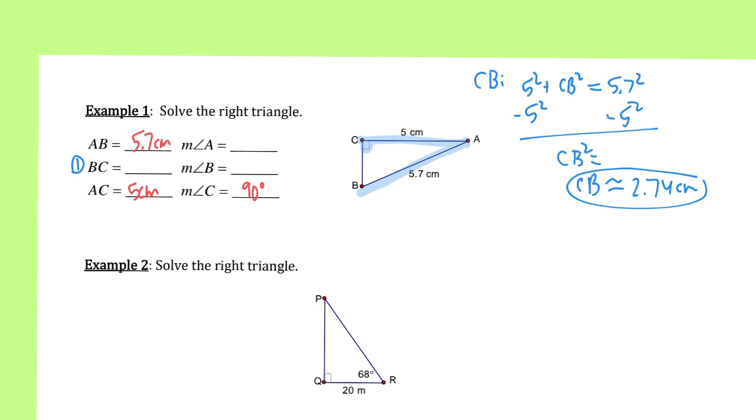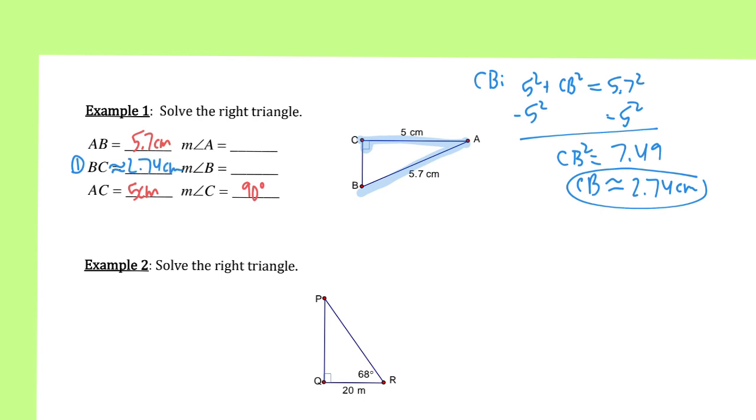So let's see if I can do it right here. 5.7 squared minus 5 squared equals 7.49. Then I do second square root, second answer, and I get 2.7367, blah, blah, blah. So that would be 2.74 centimeters, approximately.